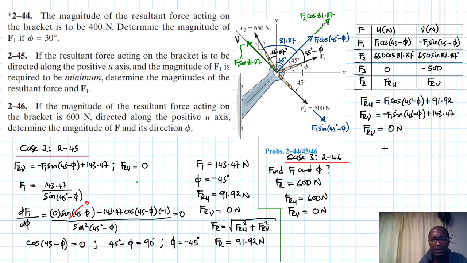So since we want F1 and phi, we can plug this information in here, and then we work out this particular problem. To do so, we are going to do the following.